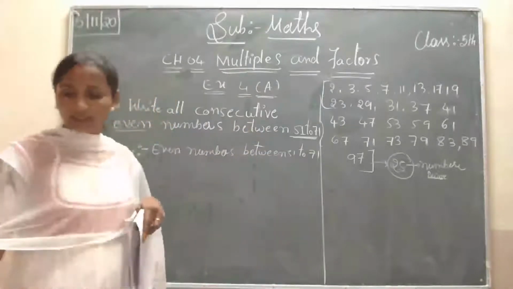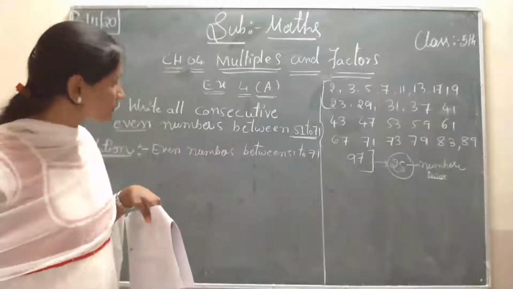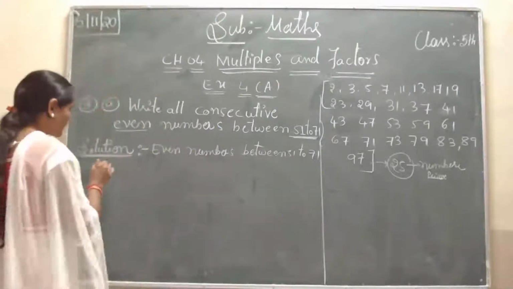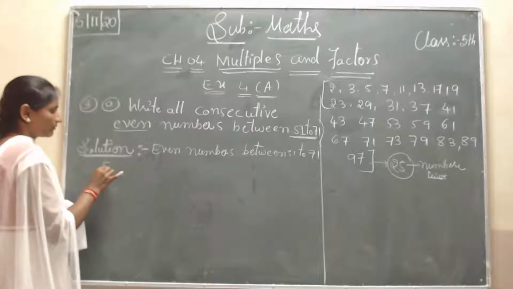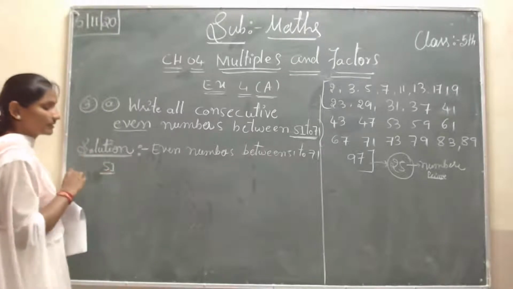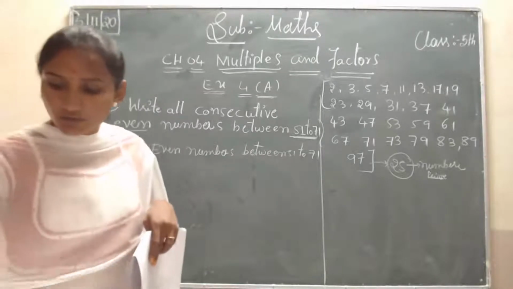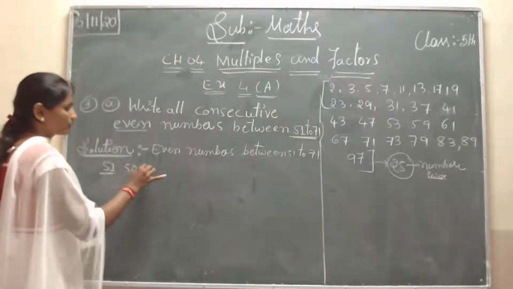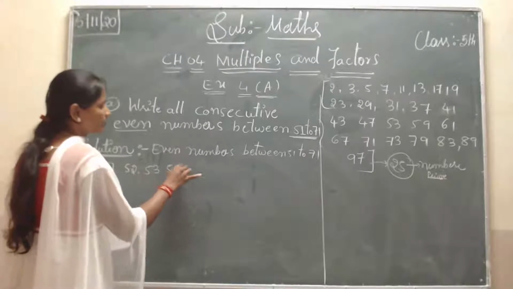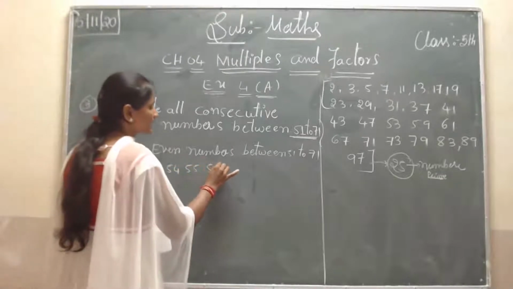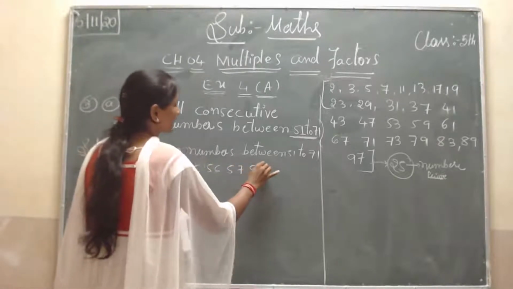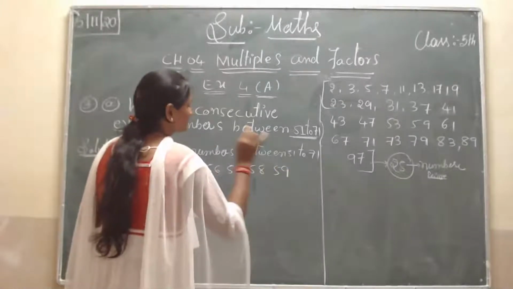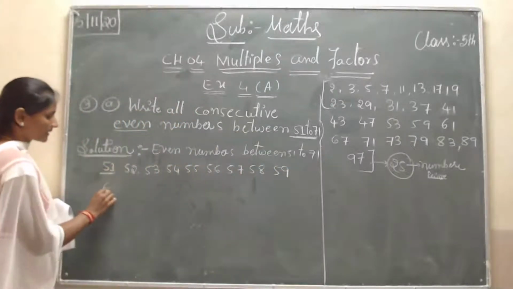First I will explain it completely. You don't write 51 and don't consider it, but after 51 you consider the numbers: 52, 53, 54, 55, 56, 57, 58, 59. Students, that is 60.